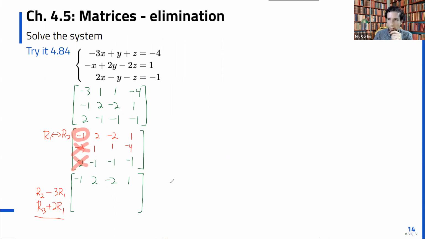Some of you can try to tell me what's the new row 2, and some of you tell me what's the new row 3. So take a moment, try to write out the arithmetic, and then you can type your answers into the chat, or I'll just ask in a few moments. So go ahead.